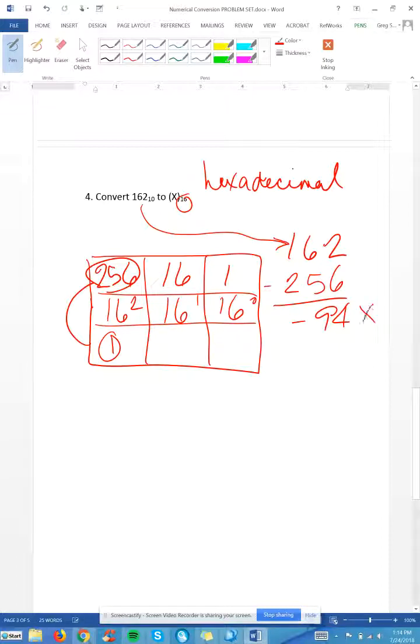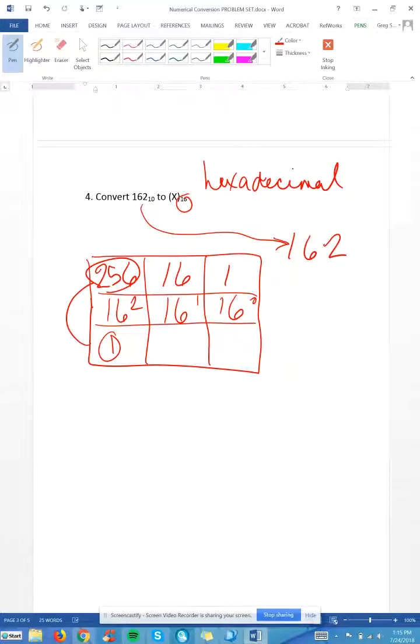And that's a problem. I mentioned before, you have to make sure that you don't get a negative result. So I'm going to go ahead and erase that, because we don't want to do that. What we find is that there are no 256s. None of them you can subtract from the 162 and still have a positive or 0 result.